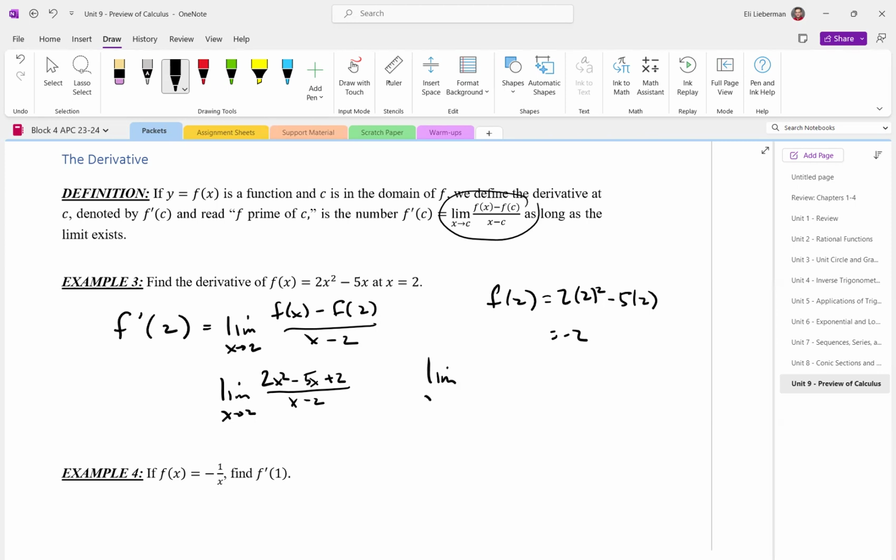So on the top, we have x minus 2. If the first factor is x minus 2, that means the other factor is 2x minus 1. Let me check to make sure that's right. So these multiply. I see the plus 2. Is there a minus 5x on top? Yeah. Okay, so this is good.